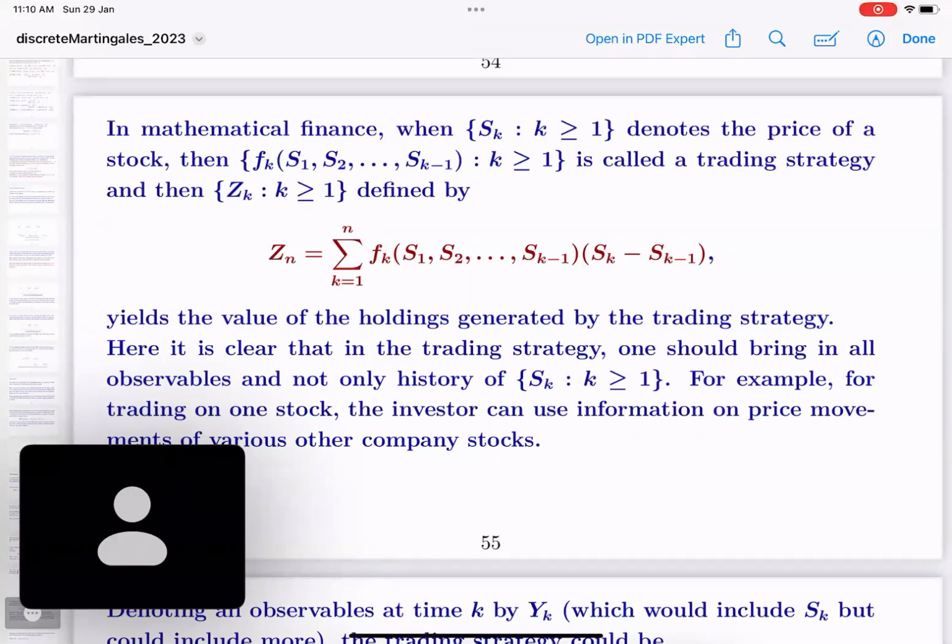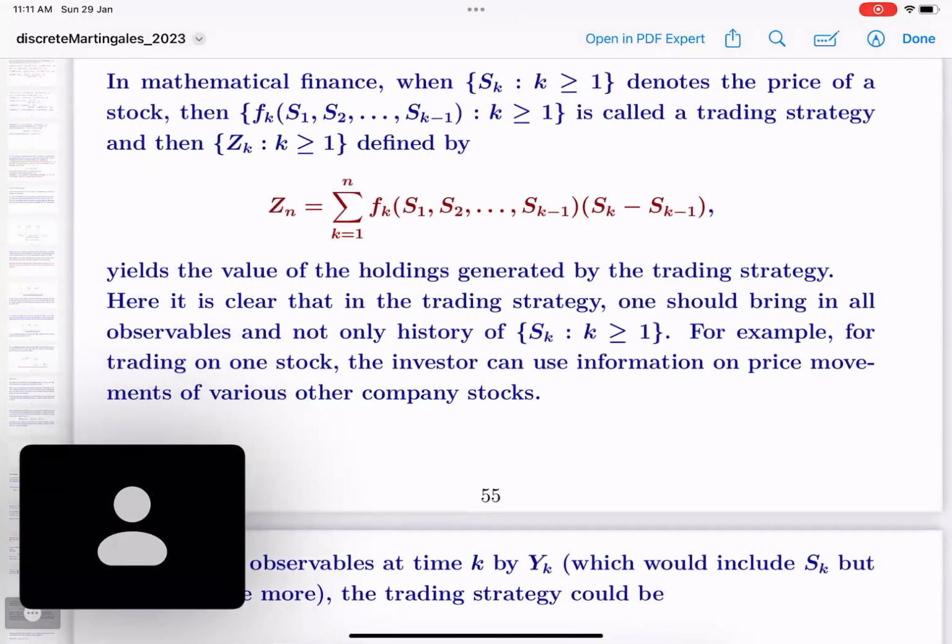So on the kth day, whether you want to buy or sell, how many to buy, how many to sell, of course you can bring in all the happenings till yesterday and decide. Based on that, you can decide how much to buy or how much to sell. Or you may be controlling it, and you can tell your people how much to buy or sell. So this is called a trading strategy, and this yields the value of the net holdings by this strategy.